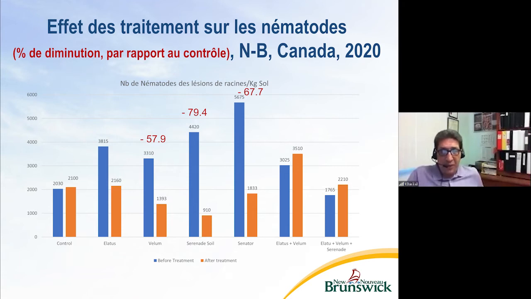Before treatment is in blue, after treatment is in yellow or orange. Velum worked really good, so it reduced the number of root lesion nematodes by about 58%. Serenade did well too, 79.4% reduction in the nematode, and so did Senator, reduced the nematodes by 67%.